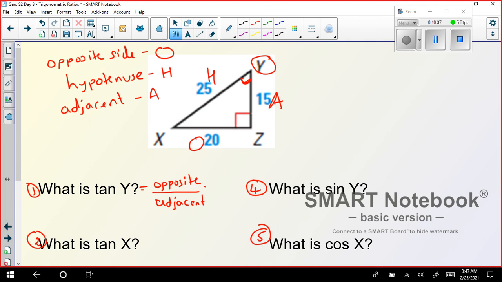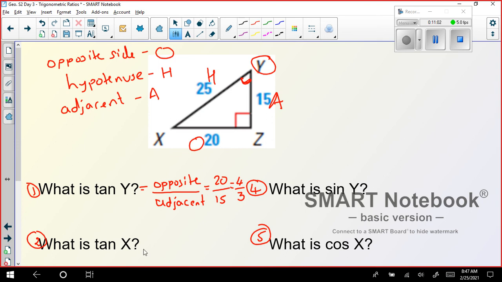So substitute that: 20 over 15. If you want to simplify further, 5 times 4 and 5 times 3. So 4 over 3. That's your tan y, or you can further simplify and give an answer in decimal, that is 1.333. I'm just leaving it over here as 4 over 3.